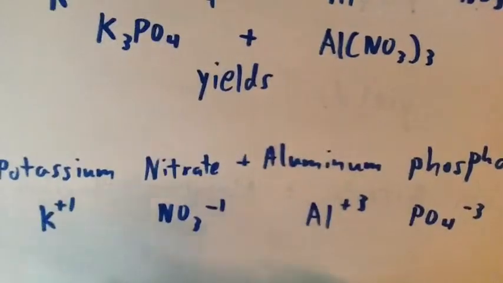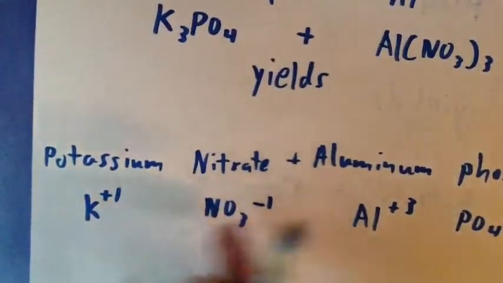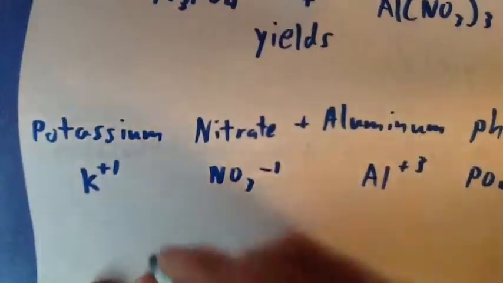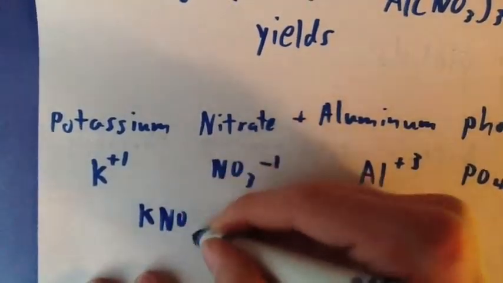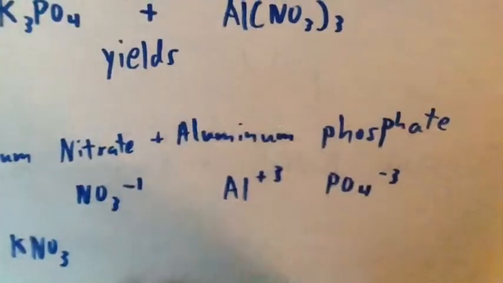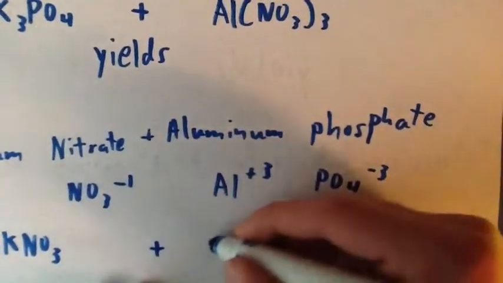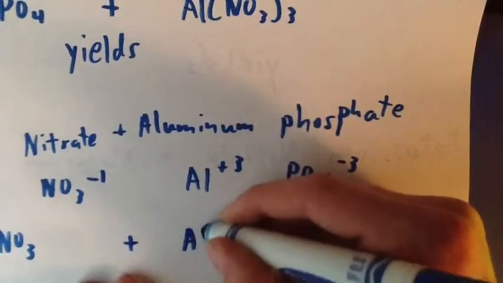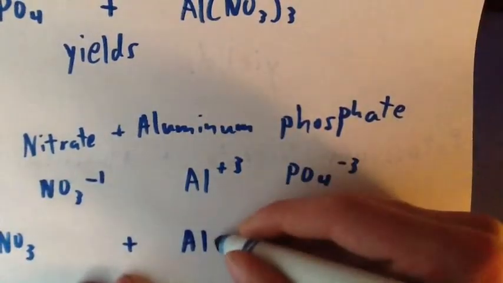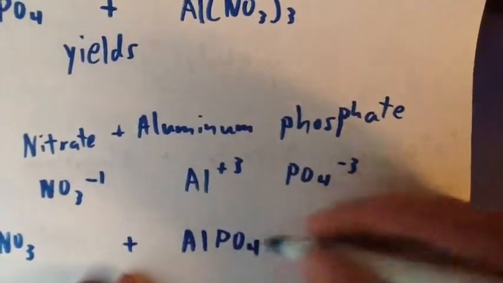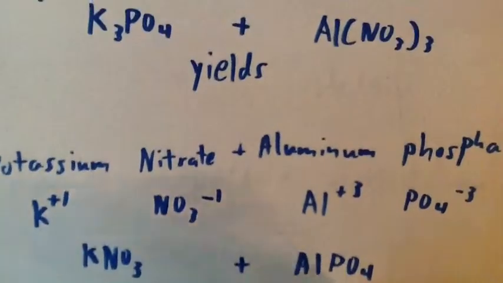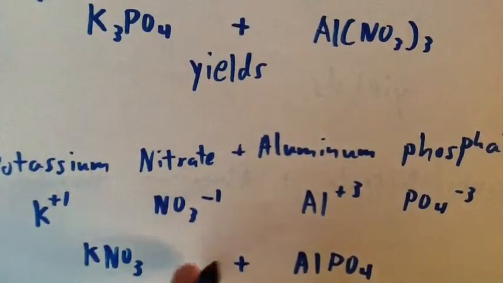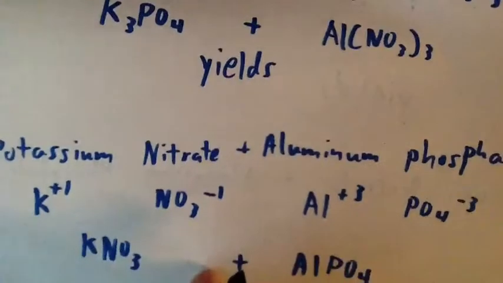And lucky for us, these are already balanced, so all you have to do is mush them together, plus, and these are also balanced, AlPO4, and that's balanced. So now each side is balanced with itself, but we need each side to balance with each other. I'll show you that in the next section.